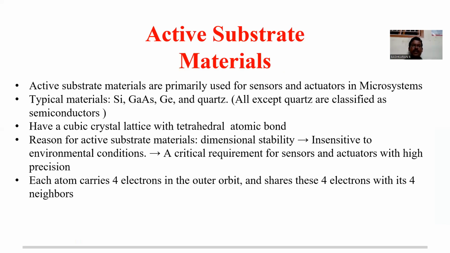Active substrate materials are primarily used for the sensors and actuators in microsystems. Typical materials are silicon, gallium arsenide, germanium, and quartz.